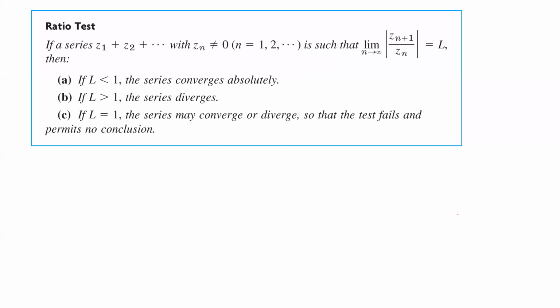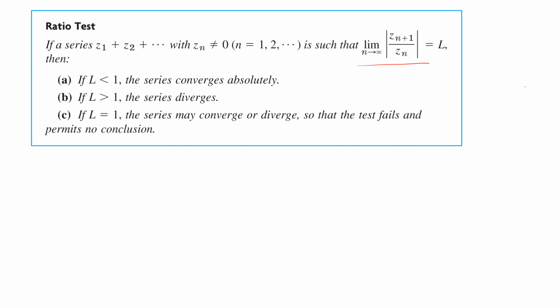If a series Zn with positive terms is such that limit of Zn plus 1 over Zn is equal to L as n goes to infinity, then if L is less than 1, the series converges absolutely. If L is greater than 1, the series diverges.